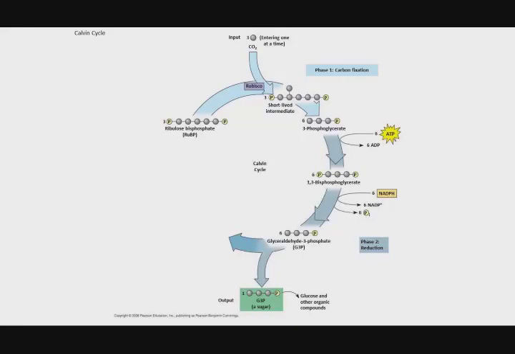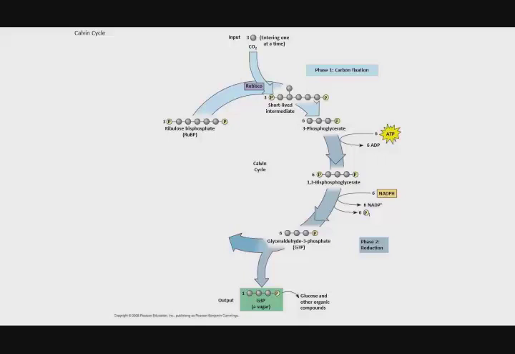Now we go into the reduction phase, where we're going to move things around, phosphorylate, and use our reducing power of NADPH to ultimately generate glyceraldehyde 3-phosphate. So G3P is going to be the output.